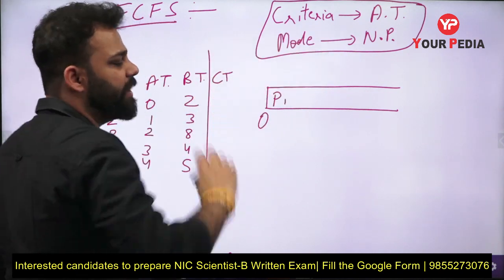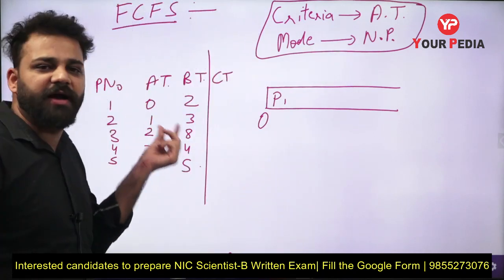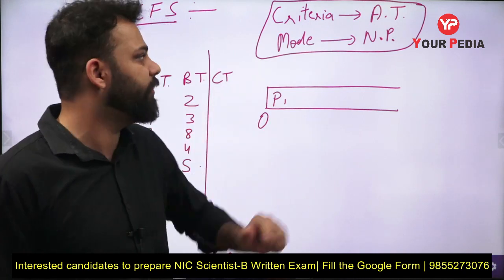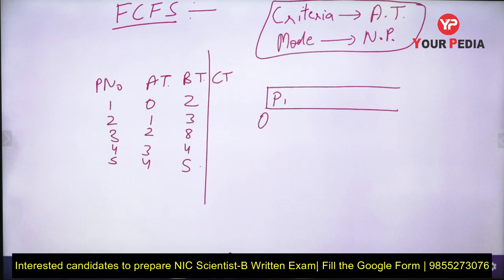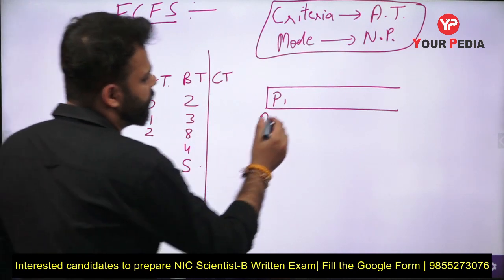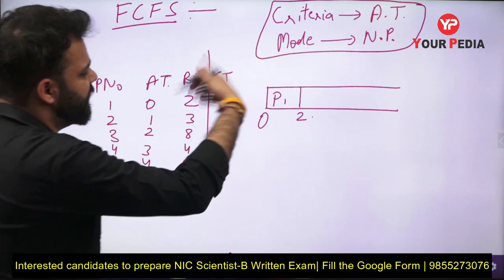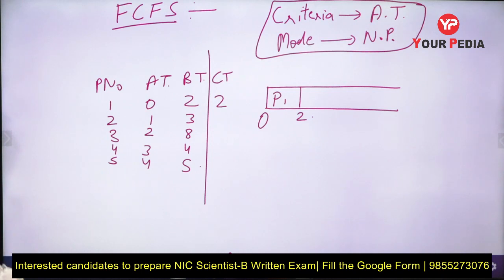Now this is a non-preemptive system, so no matter which job arrives, the job that arrived earliest will be given the priority and will complete its execution. So it will execute for 2 seconds. For 0 to 2, P1 will be there and it will leave the system, and the completion time for P1 will be 2 seconds.